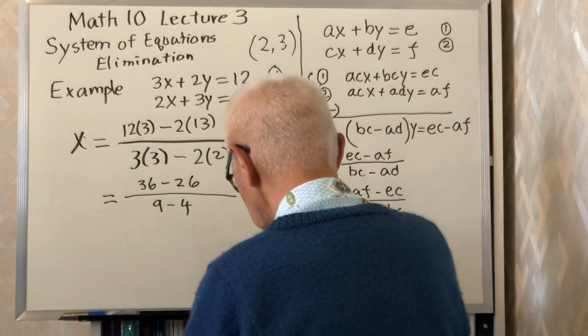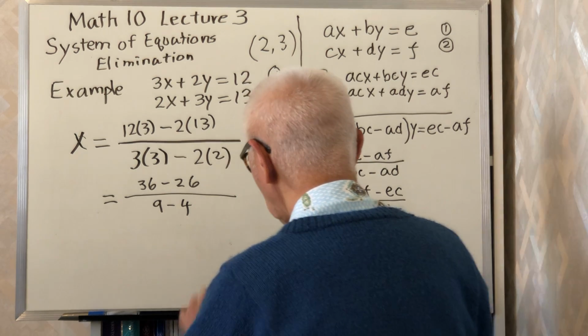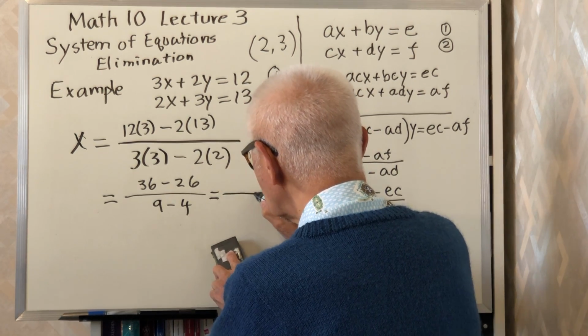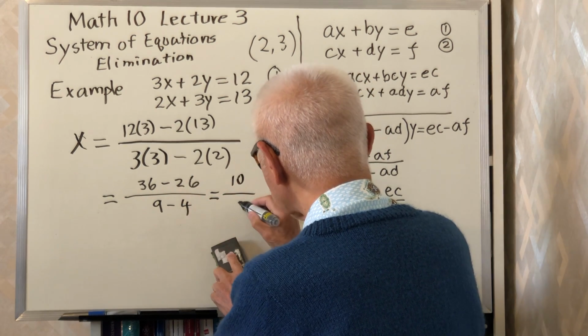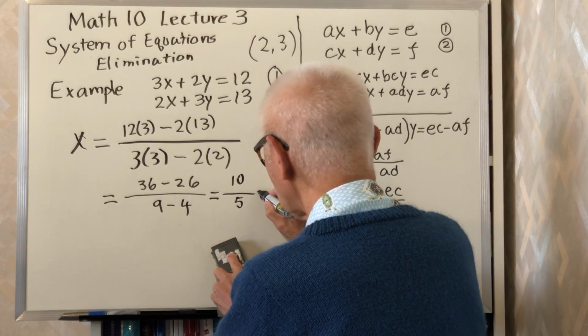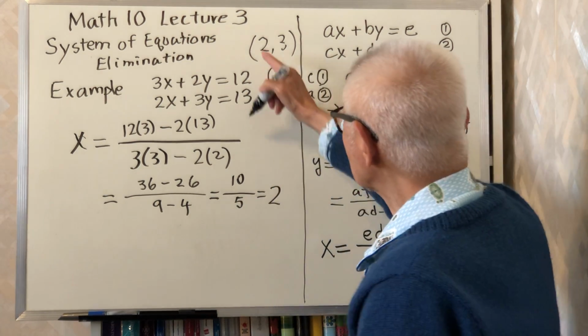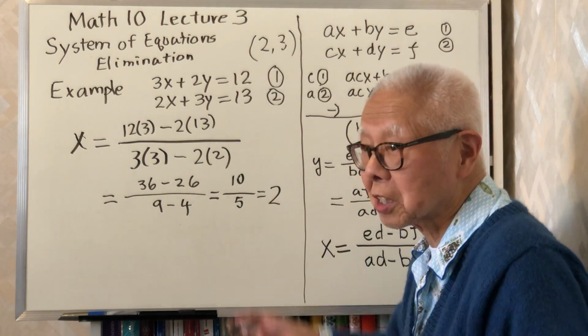What is the result? 36 minus 26 is 10, and 9 minus 4 is 5. So x is 2. You see? X is 2. So using the general formula, of course you get the same result.